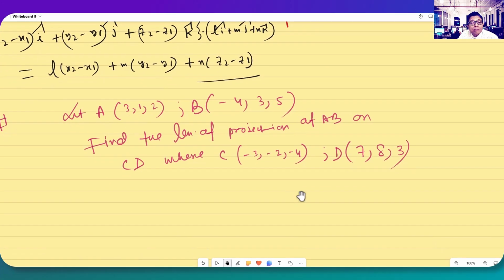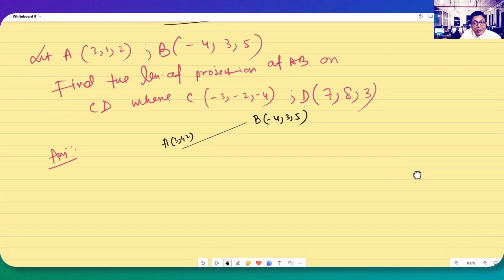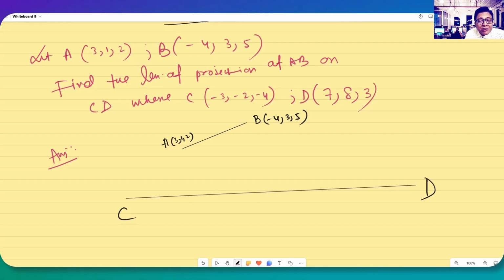AB is given. You take AB in this manner. You always take a diagram there. In theory you have to imagine. If you cannot draw, imagine that AB is there. A is what? 3, 1, 2. B is what? -4, 3, 5. And you want to find length of projection on CD. On this, what will you do here? You draw a perpendicular here, or you don't draw a perpendicular.